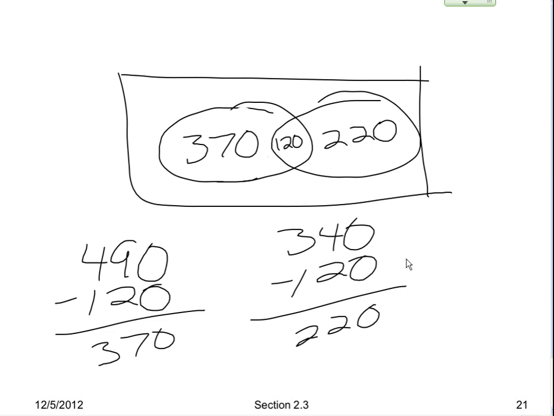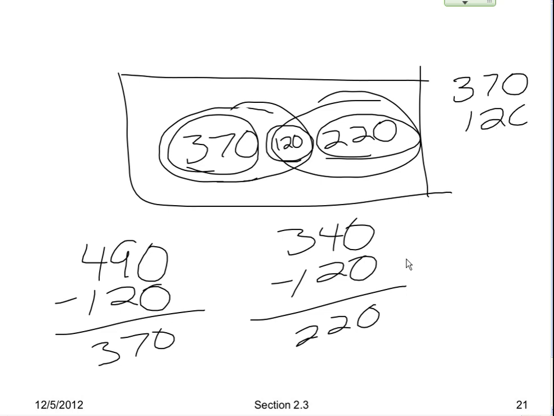Now, to figure out donate or serve, we need this number, and this number. 370 were willing to donate, 120 did both, and 220 for the breakfast. So altogether, we've got 710 that were willing to either donate blood, or serve breakfast, or do both.